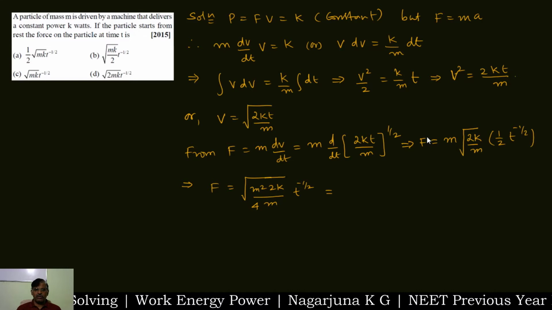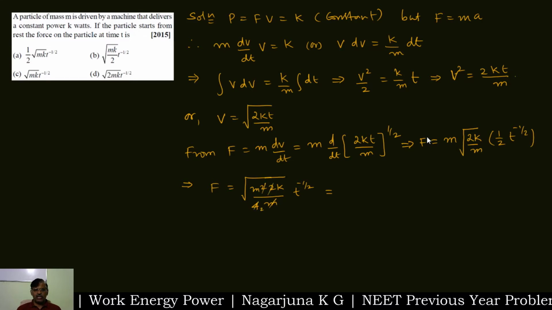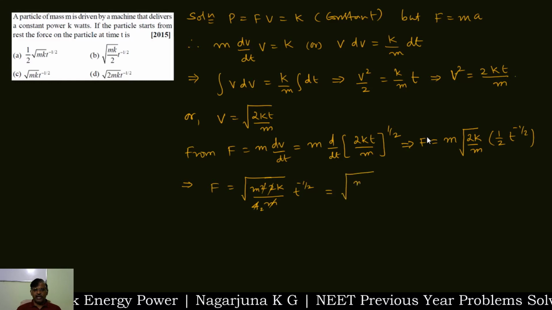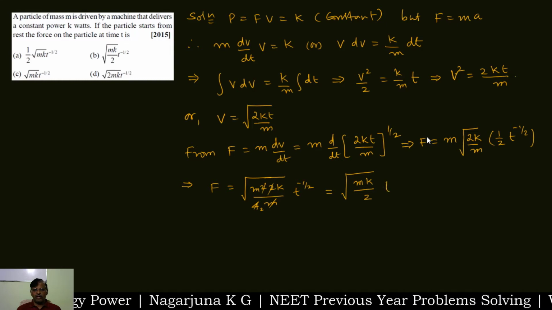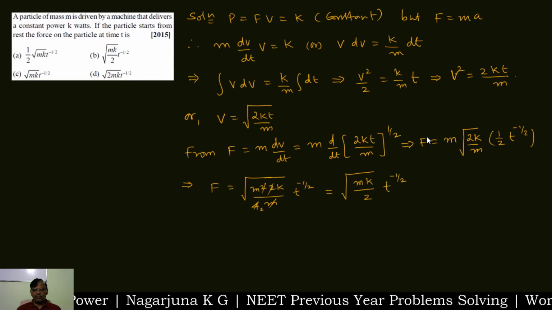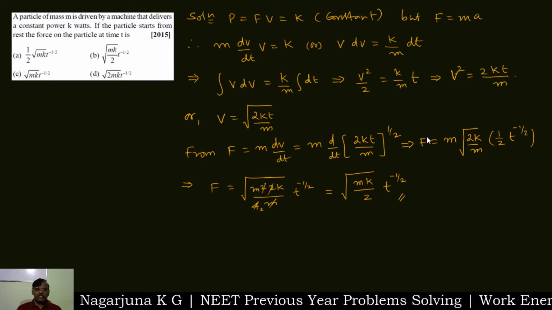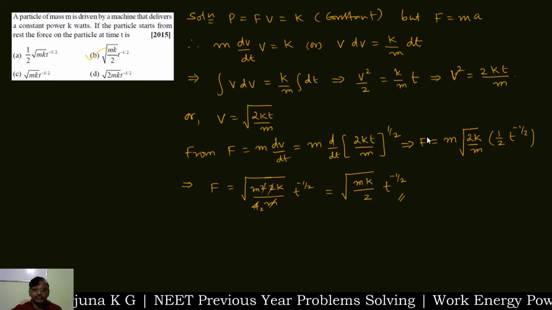Here M cancels, 2 and 2 cancel, so that is square root of mk divided by 2 into t to the power of minus 1 by 2 remaining. So this is our answer. That is option B is the right option.